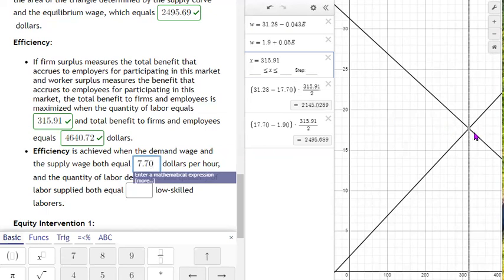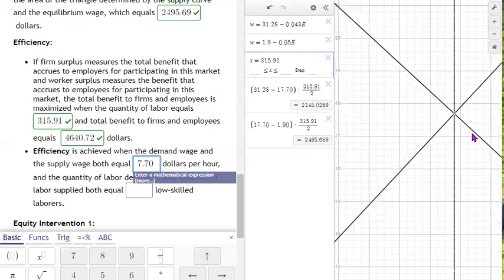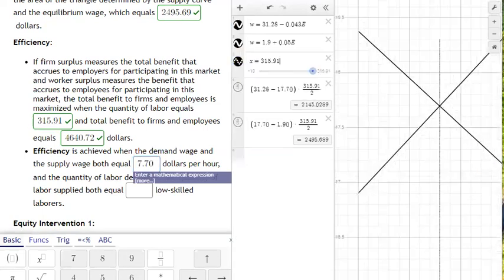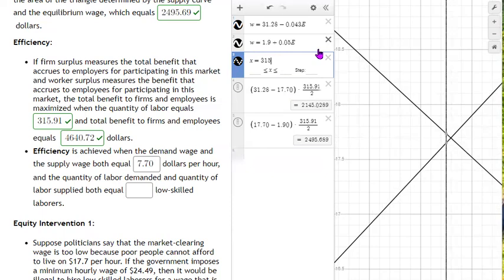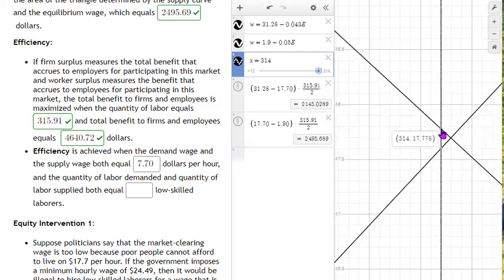And you can see that right here at this point if I zoom in. Okay, so if I zoom in, the demand wage and the supply wage are equal. Not true if this is 314, right? The demand wage and the supply wage are different. They're pretty close, but they're still different, right?